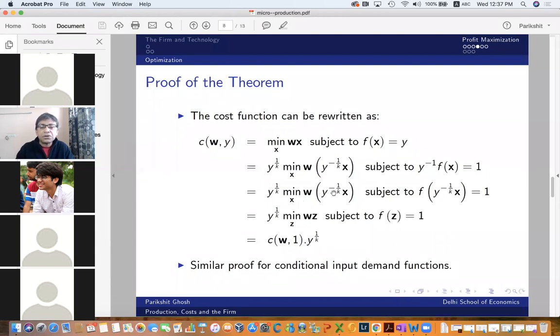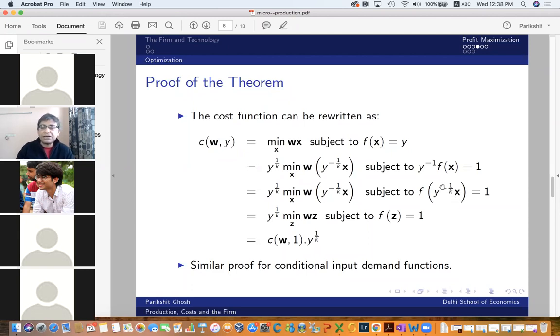Then we go to the third step. Now what I want to do is take this coefficient inside the function. And that's where the homogeneity comes in useful. From the definition of the function being homogeneous of degree k, this object and this object are the same.